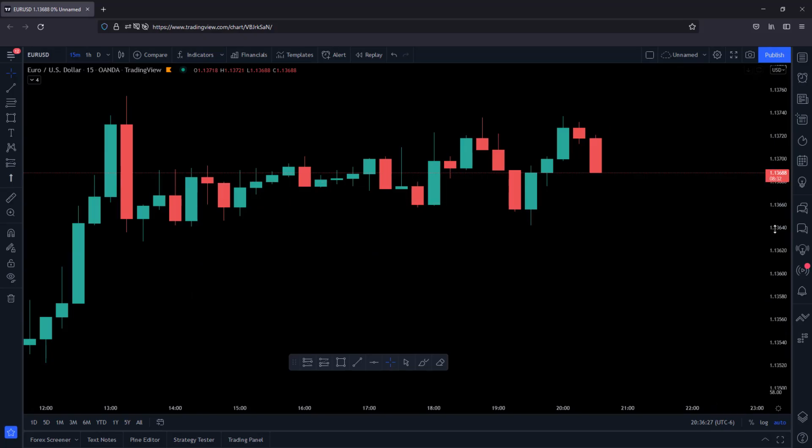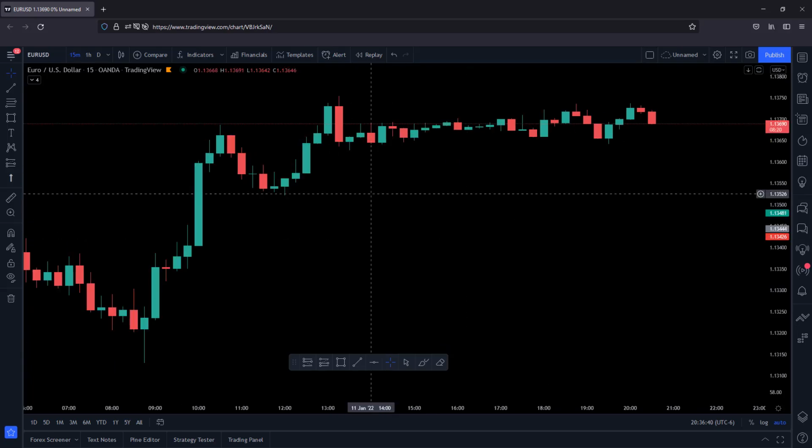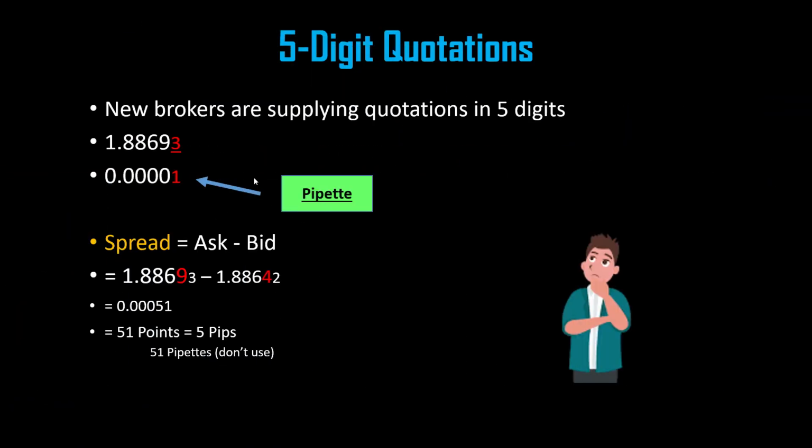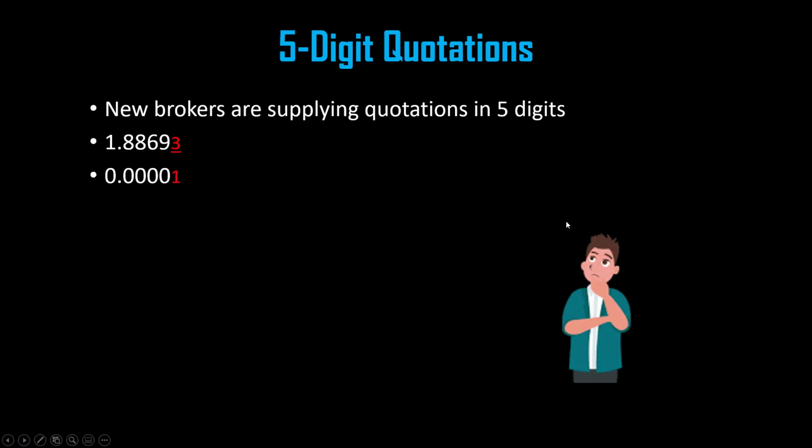You'll see right here it's 1.3688. So you can see how it's the 5 decimals, but it's really the fourth for the pip. So hopefully that helps and educates you guys talking about the pips, the points, and the 5-digit quotations. If you guys have any questions, please let me know as always.